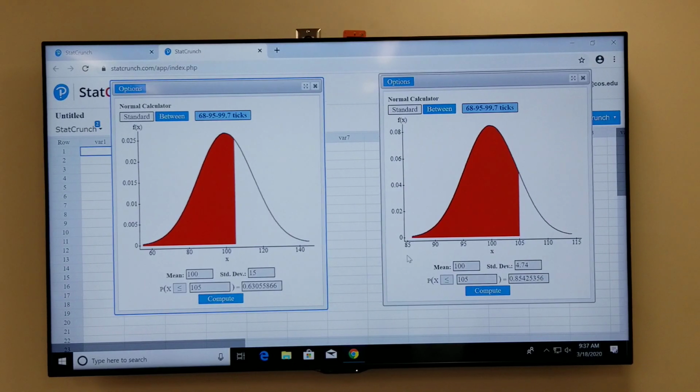If you're talking about just one individual, then you put in the population standard deviation that the problem gives you. If you're talking about 10 individuals, then you put in the population standard deviation divided by the square root of 10. More generally, if you're talking about a sample of n individuals, then you put in the population standard deviation divided by the square root of n. And that's what you put in here.